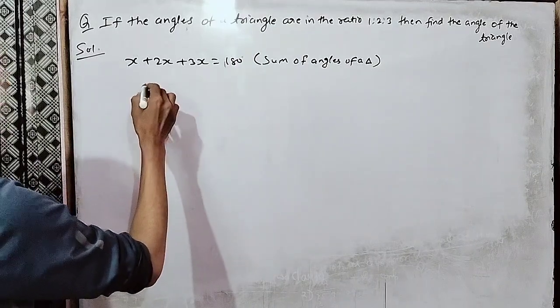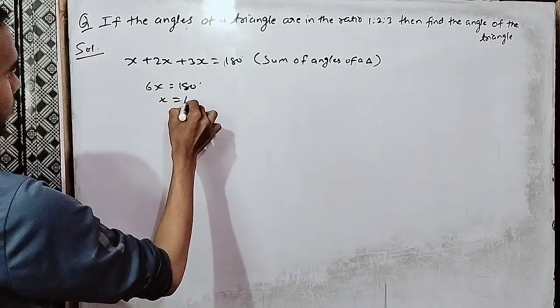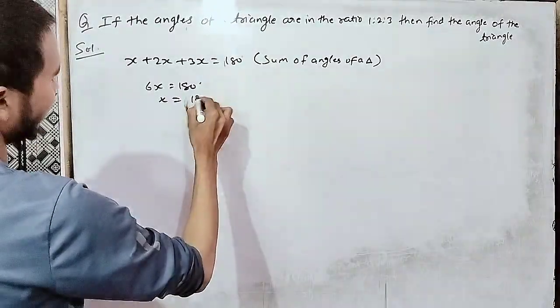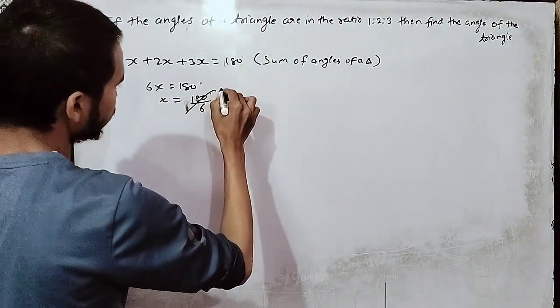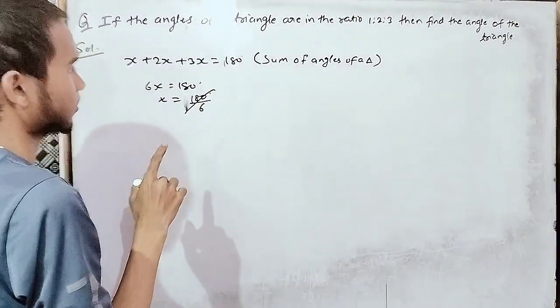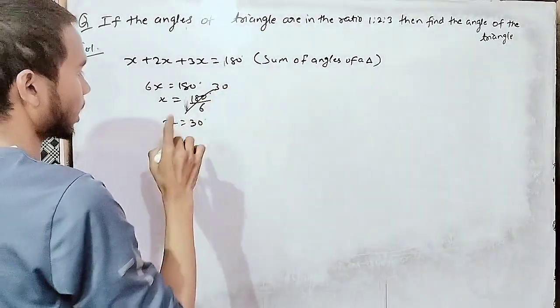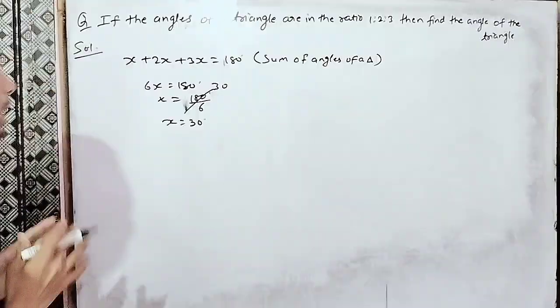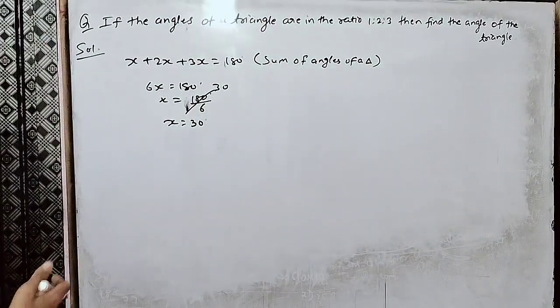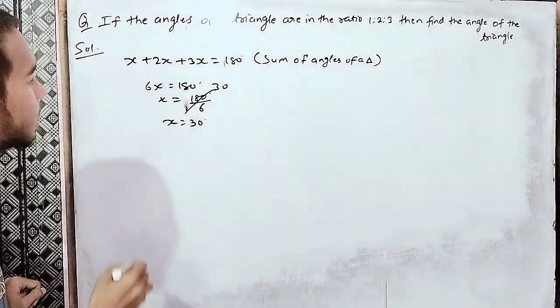Now we have a linear equation, 6x equals 180. So how much? 180 upon 6, which is 30. So we have the value of x, but we didn't find the exact value of each angle of the triangle.